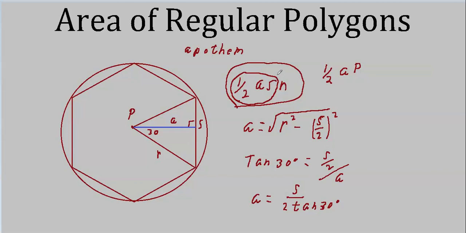Remember, we're talking about regular polygons here. If this was an irregular polygon, this wouldn't be true. You couldn't say that s times n equaled the perimeter. In fact, you would have different s's for different sides. In other words, the sides wouldn't all be the same length. In that case, you'd have to use our old summation symbol. Remember that?